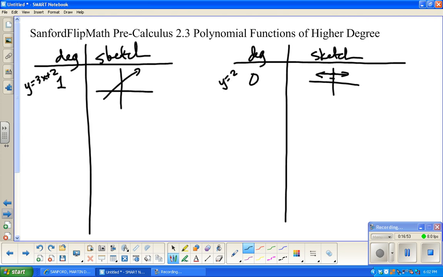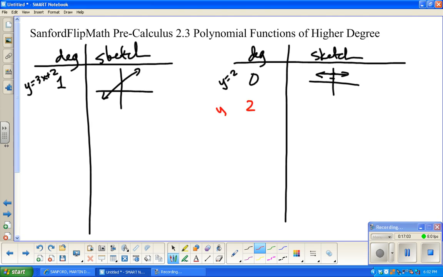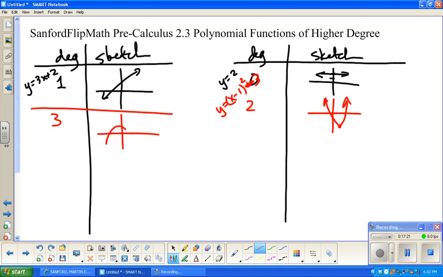It might be something like this. 1st degree did that. 2nd degree might be y equals (x minus 3) squared. Something like this. Degree 3, I don't know what the equation is, but it could look like that. It could also look like this.